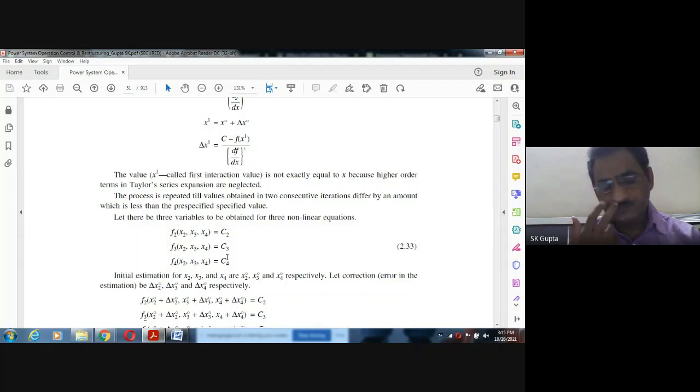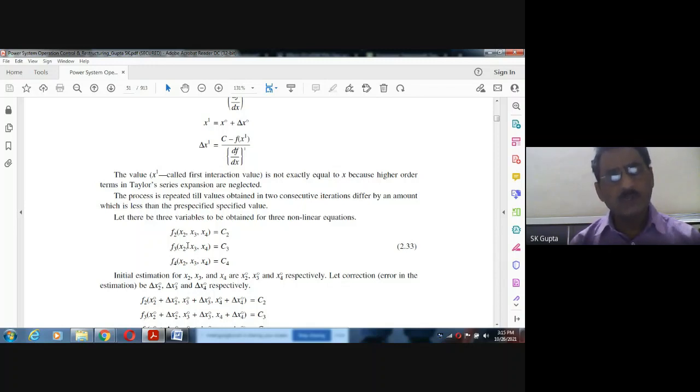Then again the same procedure we apply as we applied in the single equation. Whatever is to be calculated, here in this case x2, x3, x4, we estimate these values, we assume those values. Estimation means with some other analysis, or with some understanding, we predict that the value of x2 might be this, the value of x3 might be this.